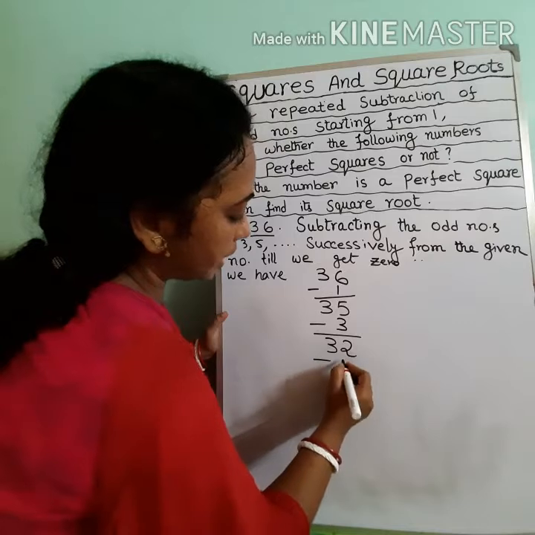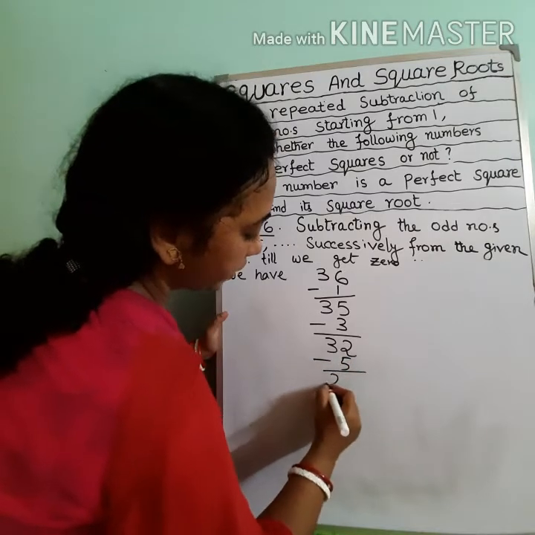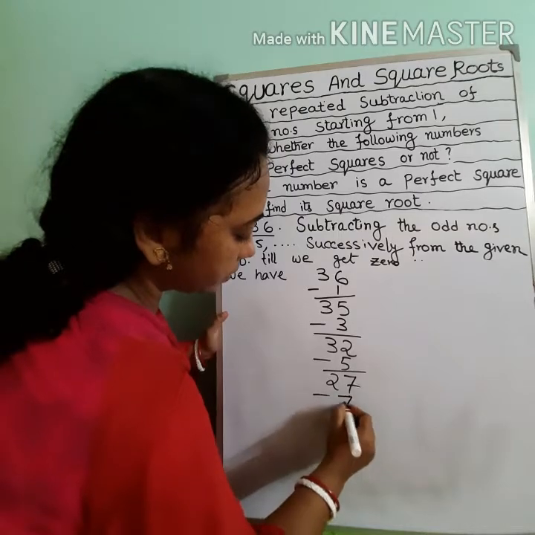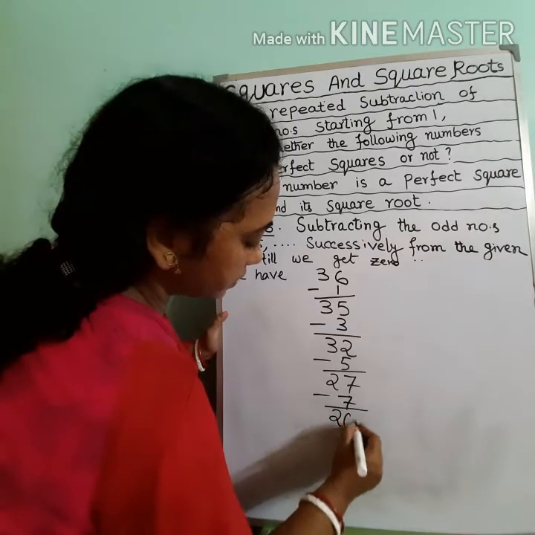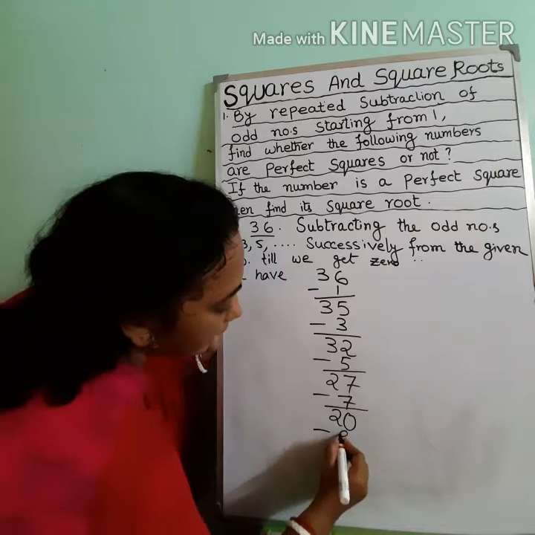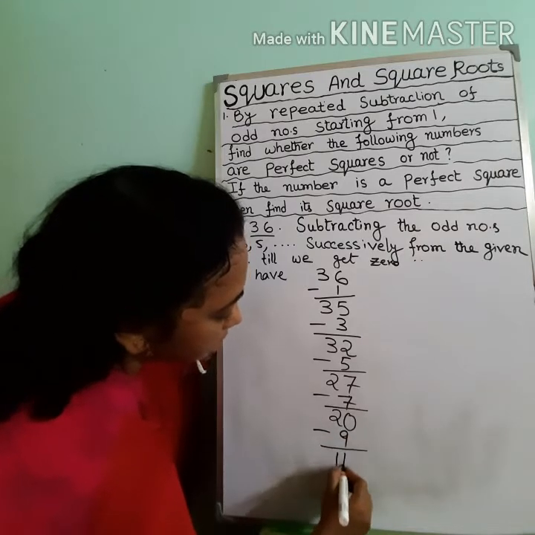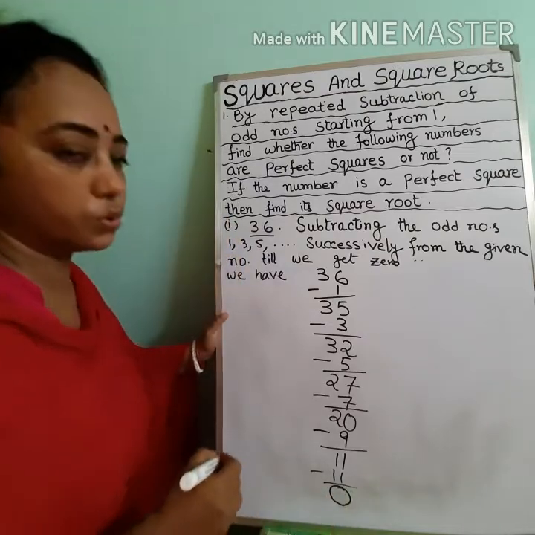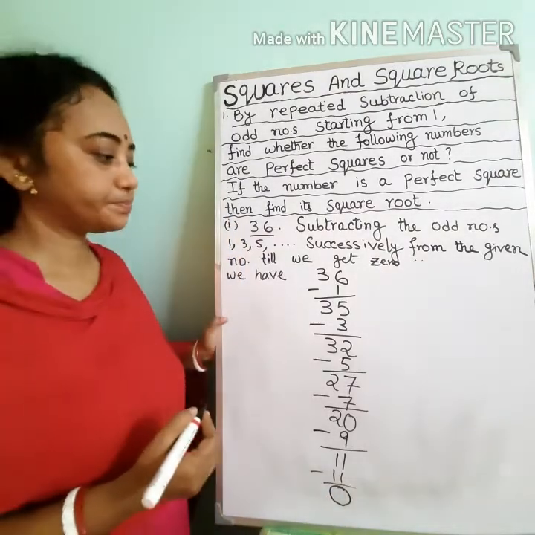Then we subtract 5, we get 27. Then we subtract 7, we get 20. Then we subtract 9, we get 11. At last we subtract 11. So 11 minus 11 becomes 0. So here we got 0.